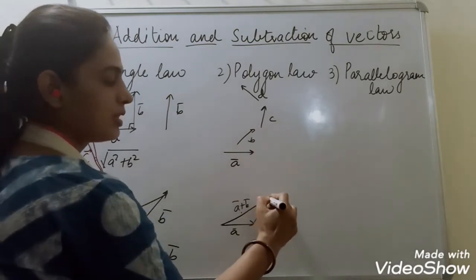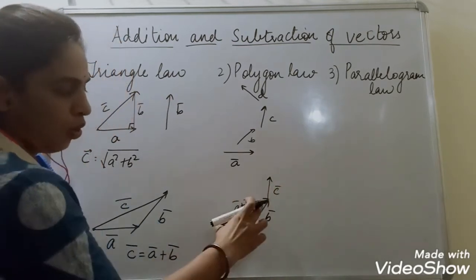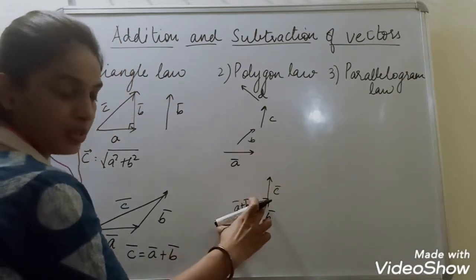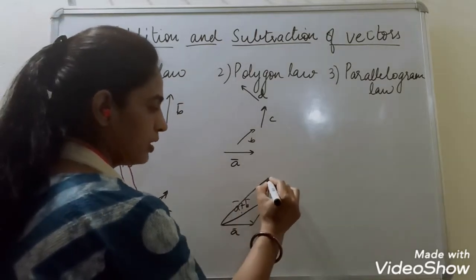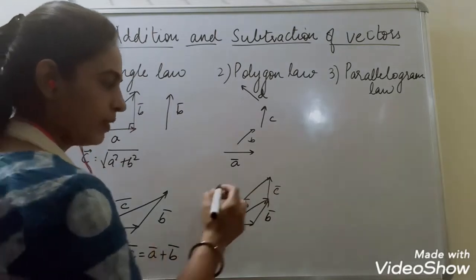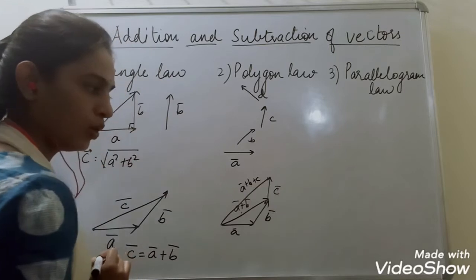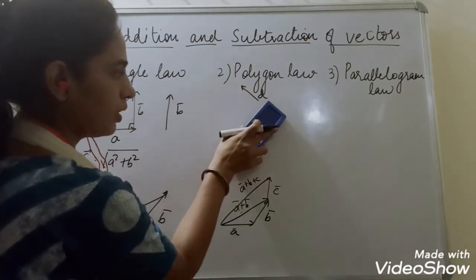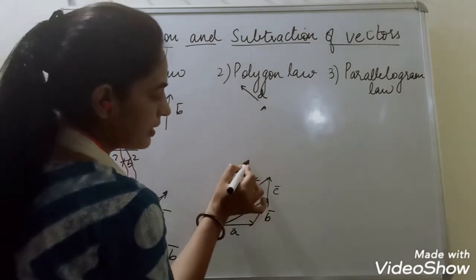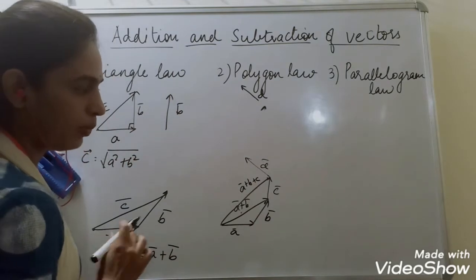Now to the head of this resultant again join the tail of the third vector, then tail of first to the head of the last. This is A plus B plus C. Okay, and then bring vector D over here. So vector D is like this. Without changing the direction, we can parallelly shift the vectors.